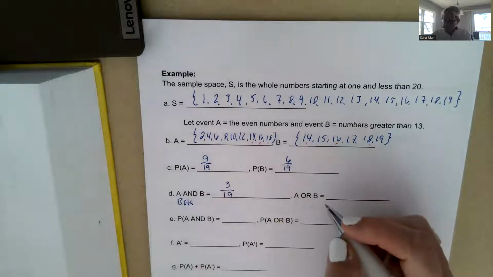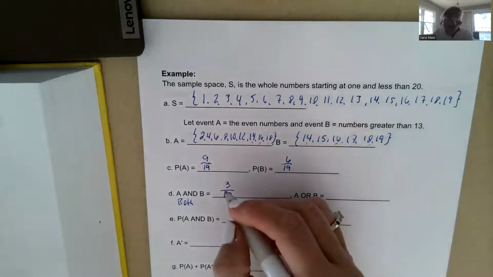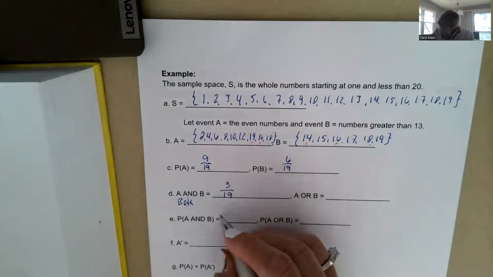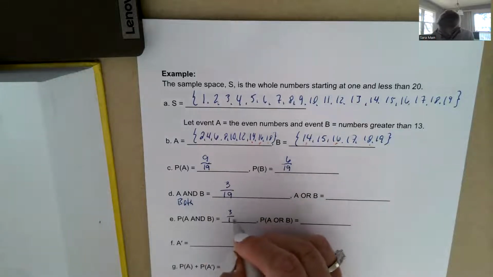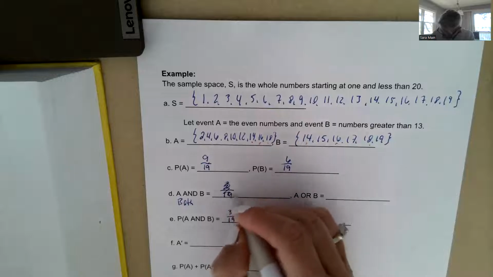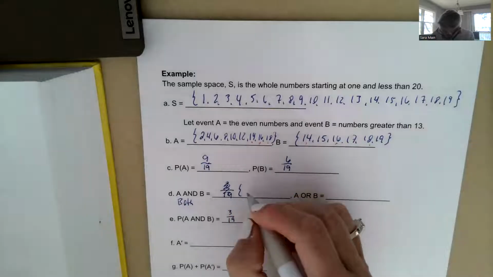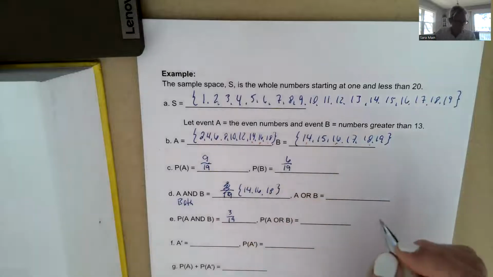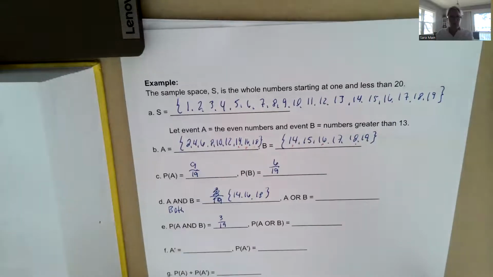Down here, we want to find the probability of A and B, which would be 3 out of 19. So we just want to list them. So 14, 16, and 18 are in both. That's what we wanted to do.